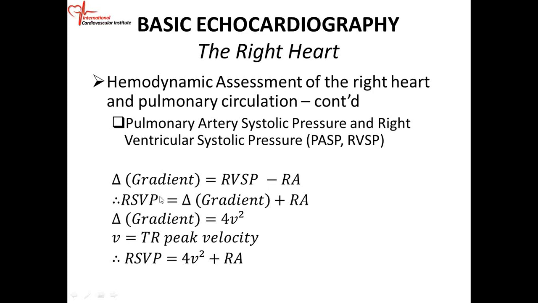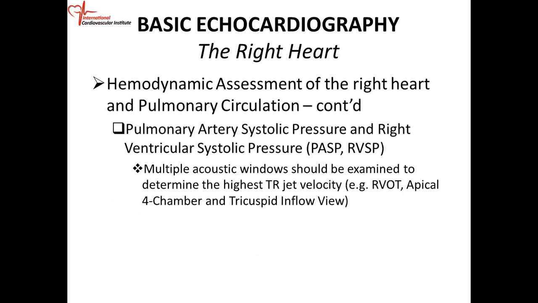And again, the gradient is equal to 4v squared. So your TR peak velocity, you square it, you multiply by 4, and you get the gradient. So what we're saying is that the right ventricular systolic pressure is the same thing as the pulmonary arterial systolic pressure, unless there's an obstruction at the right ventricular outflow tract.